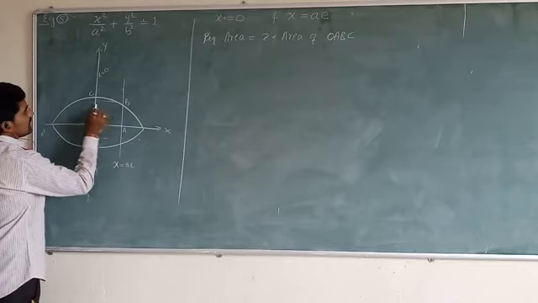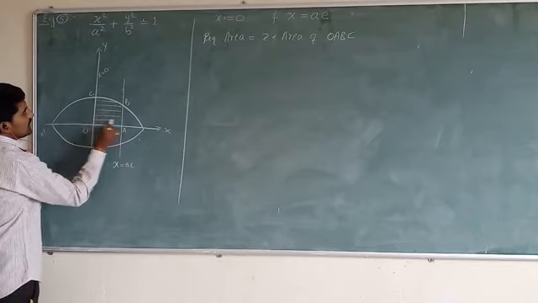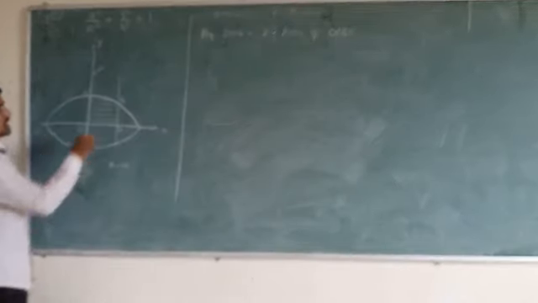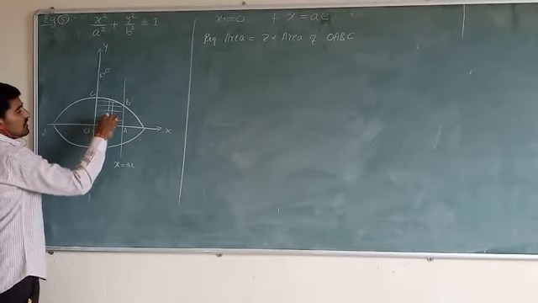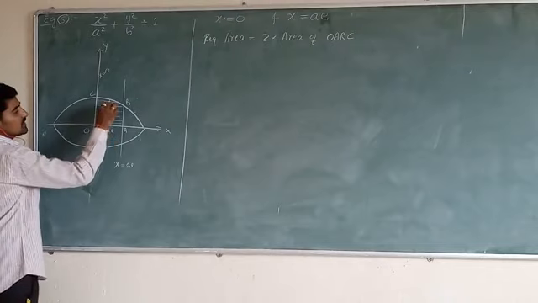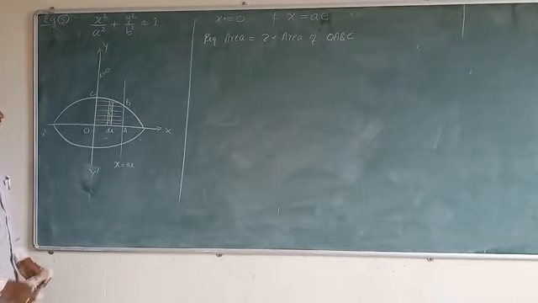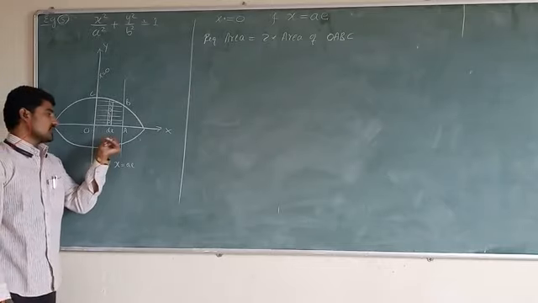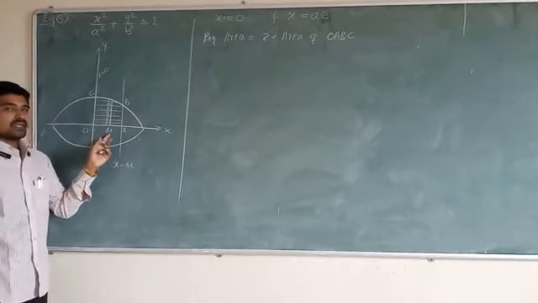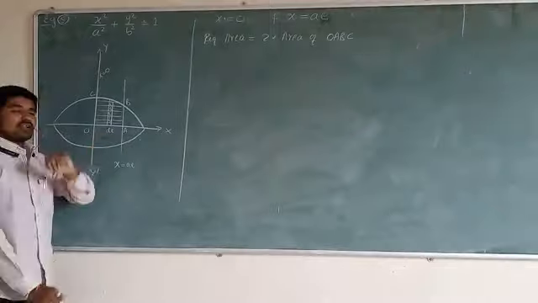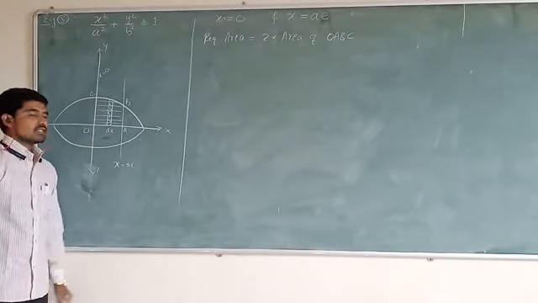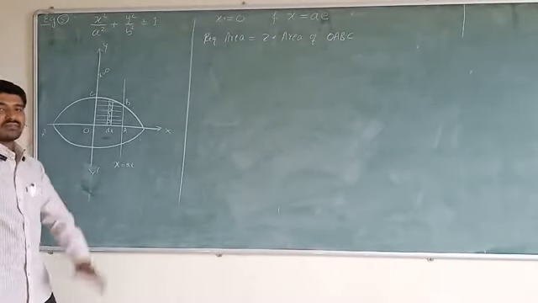Here we can take a vertical strip of width dx. When we take a vertical strip of width dx, we must integrate with respect to x, and we must know the limits of x also.